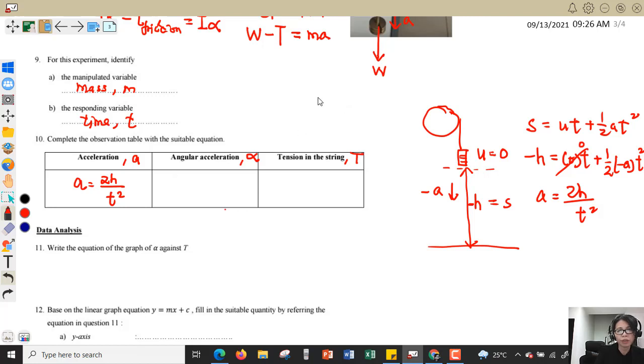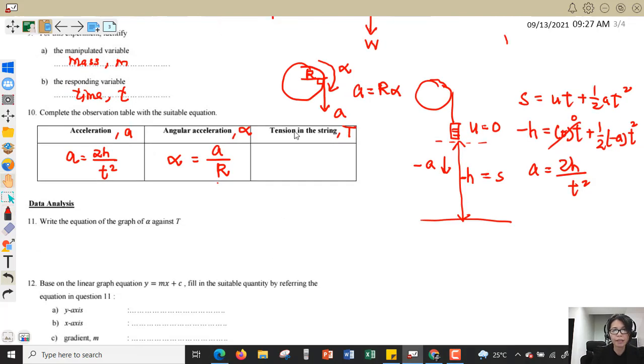In rotational motion, for an object that rotates tangential to the radius, there will be tangential acceleration. This tangential acceleration relates to the angular acceleration of the object, whereby we have a equal to r alpha. So we can determine alpha by using the acceleration divided by the radius of the axle.